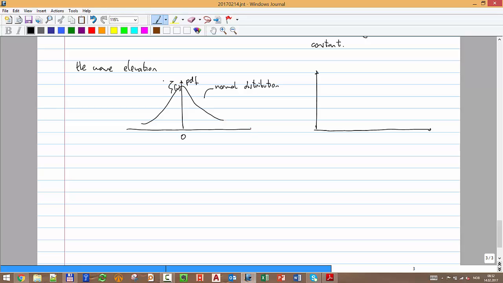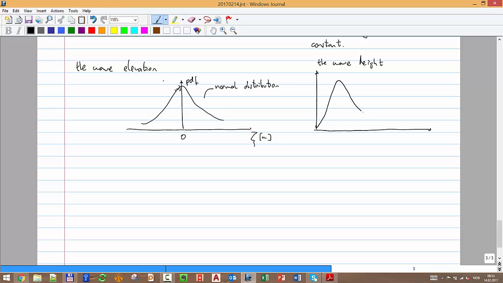Okay. And the wave height doesn't display this very nice normal distribution. Remember, in the PDF we have the variable on the x-axis and the probability on the y-axis. But the wave height looks like a log normal distribution, what we already discussed.